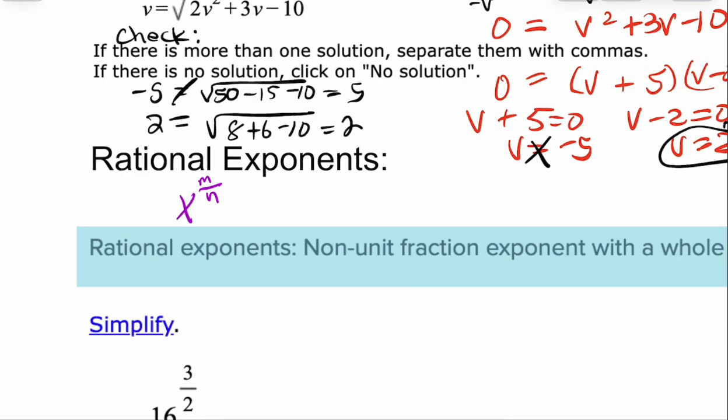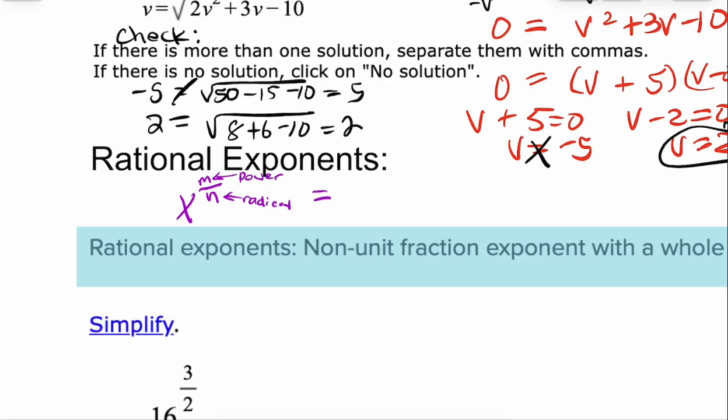In a rational exponent, so a fraction is your exponent, this numerator is going to act like a power. The denominator acts like a radical. It is the index inside of our radical.